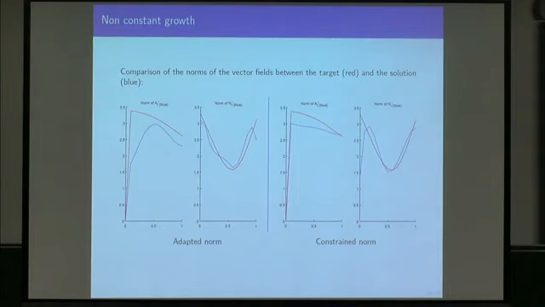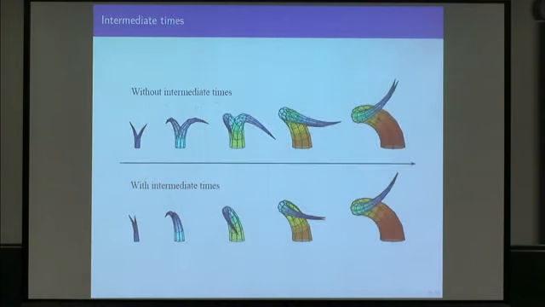And this is really a flexibility of this model. At each time you integrate, you have new coordinates created. It changes the vector field, and the model can play on the norm of the vector field, which was not possible with the LDDMM framework.